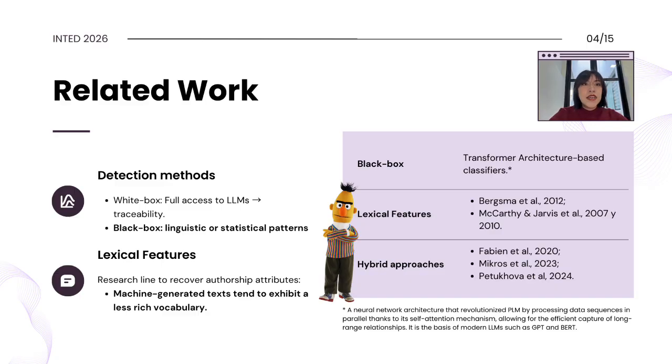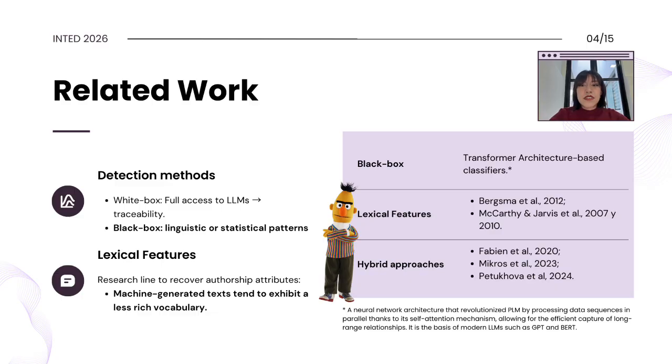And the second one is black box detection. This relies on collecting text samples from both human and machine generated sources to train a classification model. This type of detection works well because current machine-generated texts often show linguistic or statistical patterns. But as language models continue to evolve and improve, black box methods are becoming less effective.